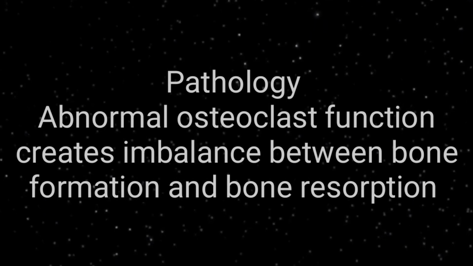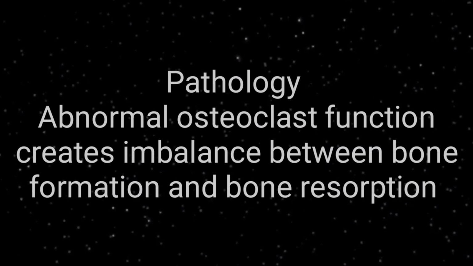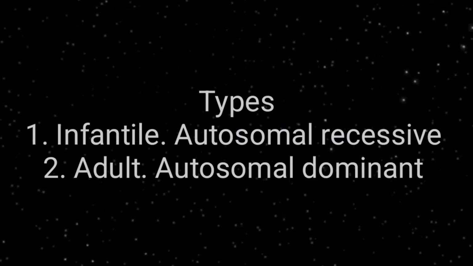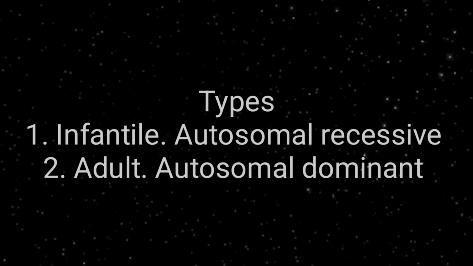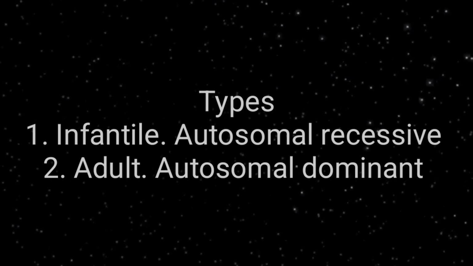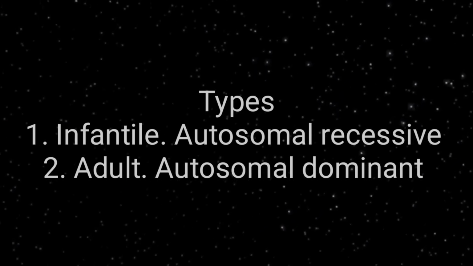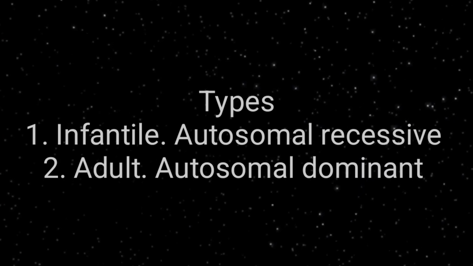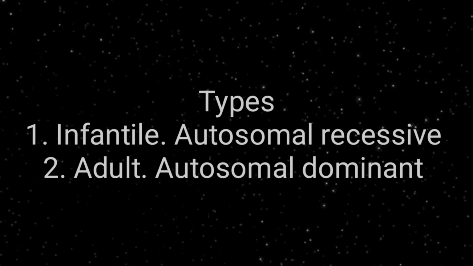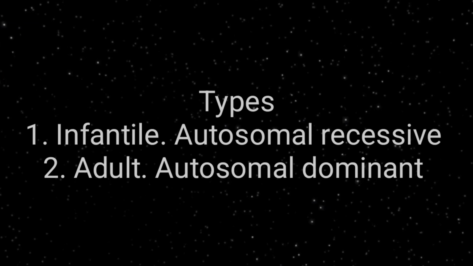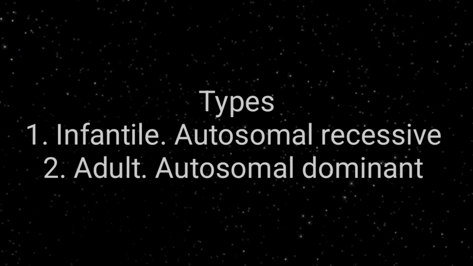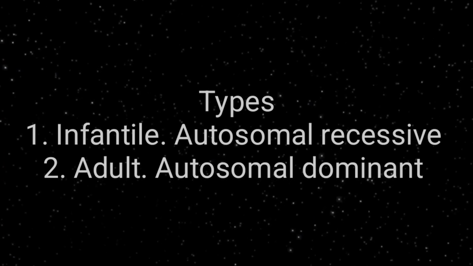There are mainly two types: infantile, which is an autosomal recessive disease, and in the adult it would be an autosomal dominant form.